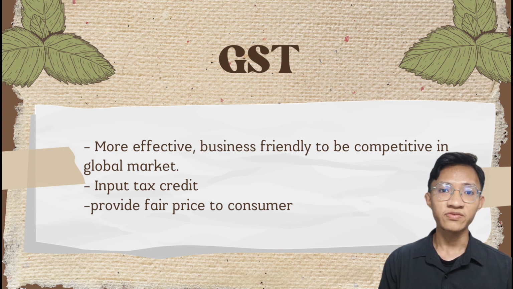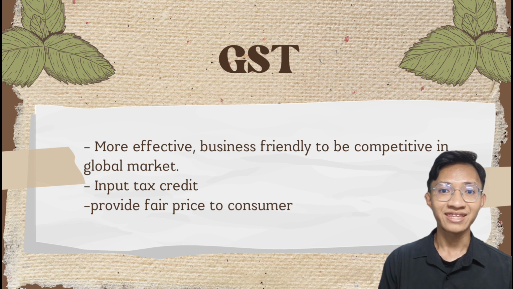GST can also give benefit through input tax credit, which means offsetting the tax paid on input against the tax collected on output. However, if SST is applied, some businesses need to pay multiple taxes, which can cause increased cost of doing business and is also known as cascading tax.